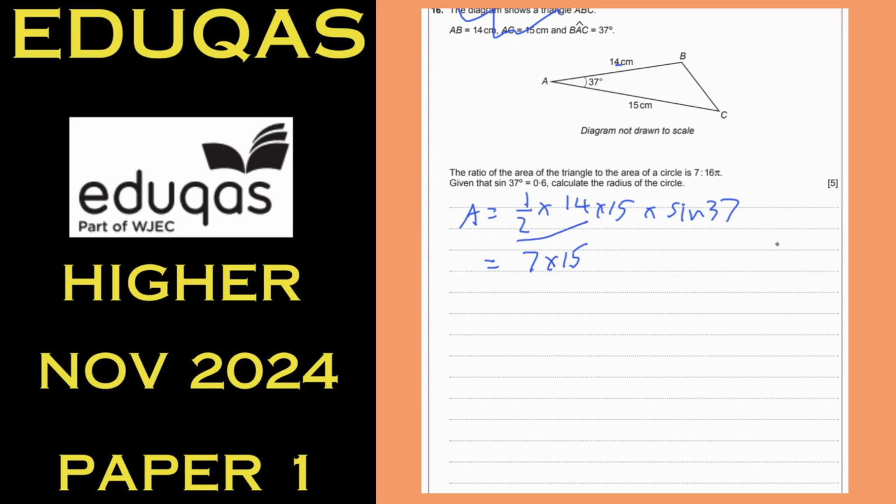So we can tidy that up a little bit. And sine 37 is 0.6. I'm going to rewrite that as 3/5 for reasons which should be obvious in that the 15 and the 5 will cancel out in a sec. 7 times 15 is 105 times 3 is 315.